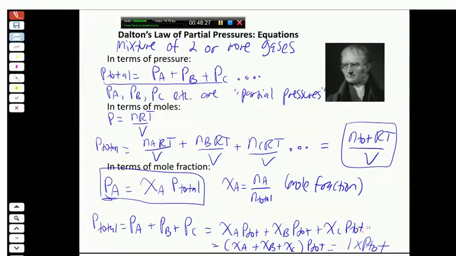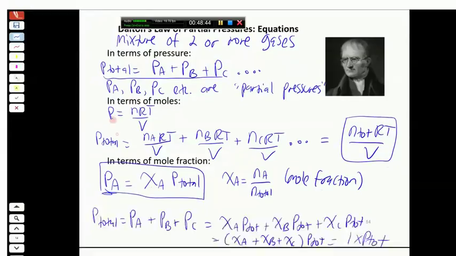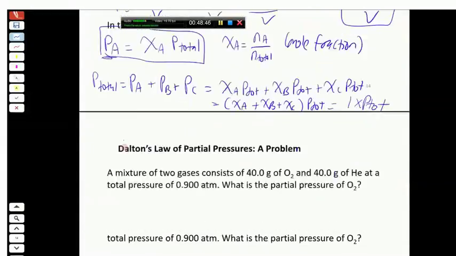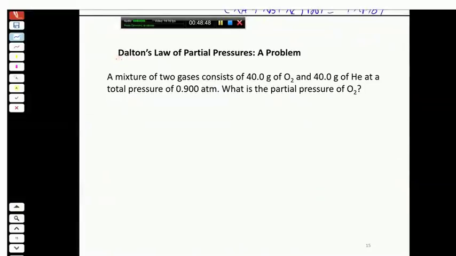If we add all of those up, the sum of the mole fractions is 1, and that gives us then that total pressure when they're all summed together. So a few different ways of thinking about the same concept, but it again relates to the idea that the sum of the partial pressures of a gas gives you the total pressure, and when gases are mixed together, that's how they behave.